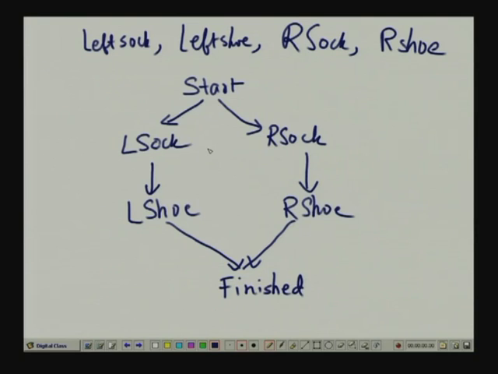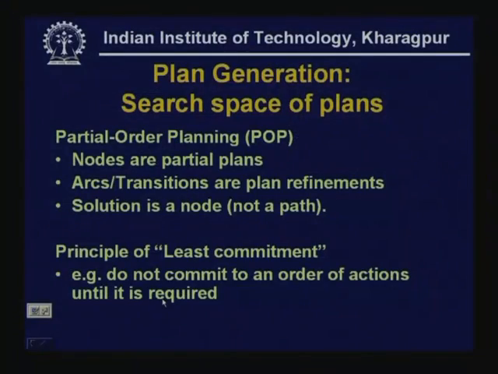So, can you tell me how many linearizations will be possible given this partial plan? I leave you to work that out.